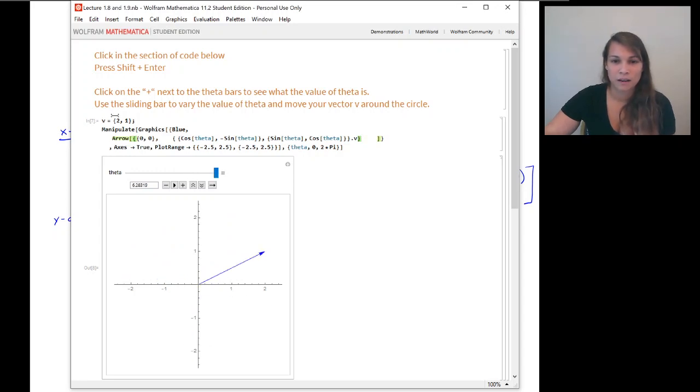And so if you want to play with different vectors, you can come here. For instance, I could have made that a negative or something. And then you just hit Shift Enter or reevaluate the cell, and it'll update this plot right here. And you can send your vectors around the circle however you want.